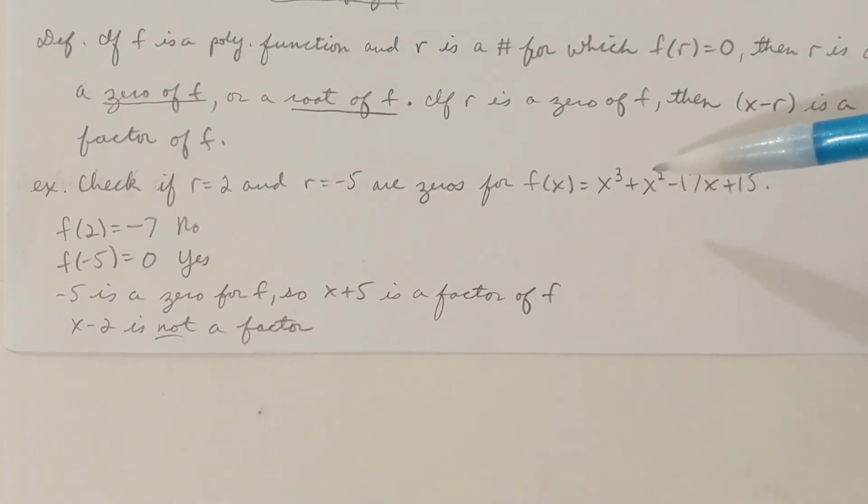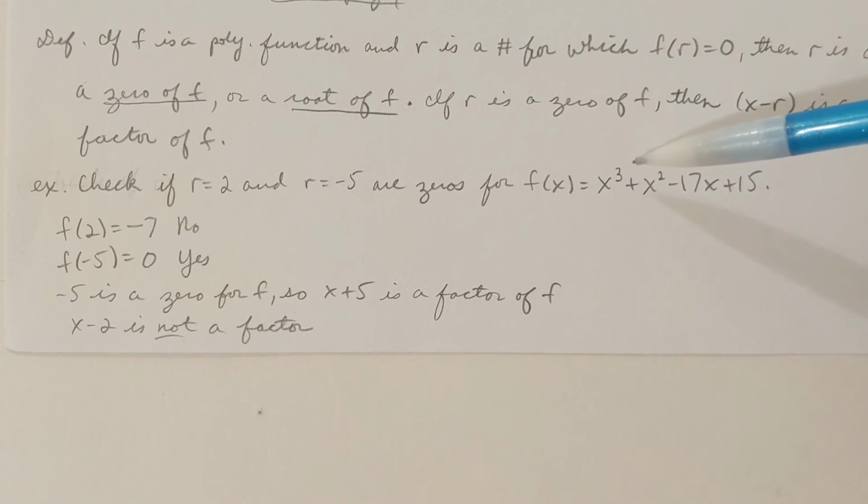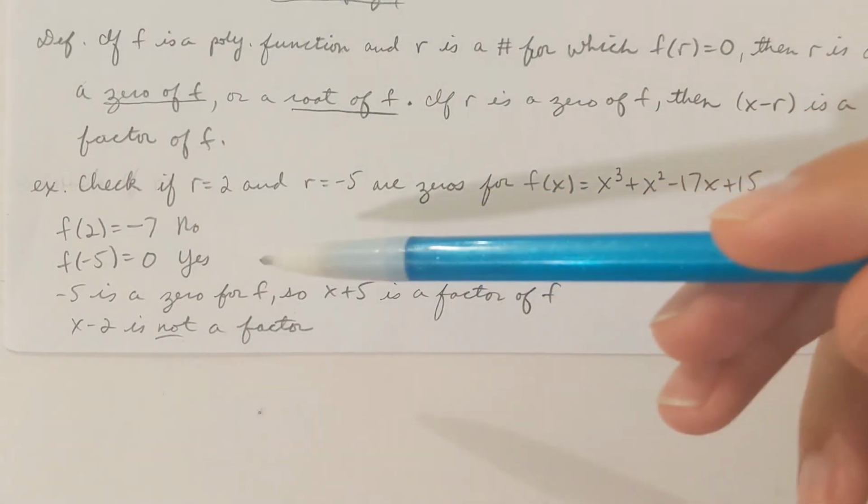How about negative 5? Negative 5 cubed is negative 125, plus 25 gives me negative 100. Okay, minus 17 times negative 5, that's plus 85. So I got negative 15, plus 15 gives me 0.